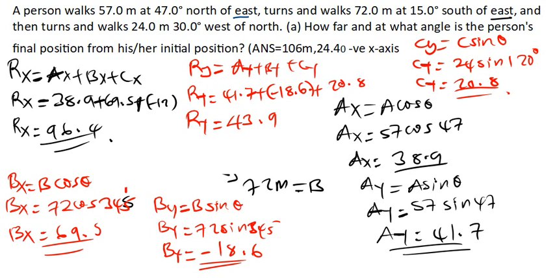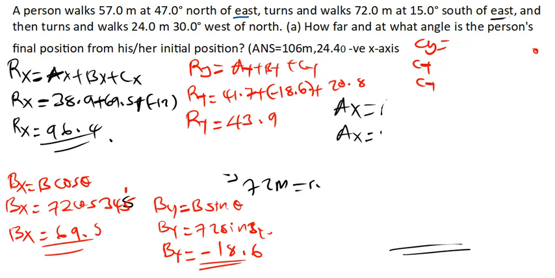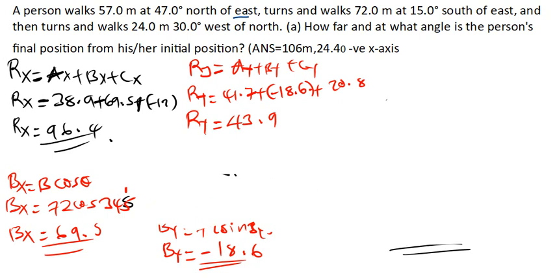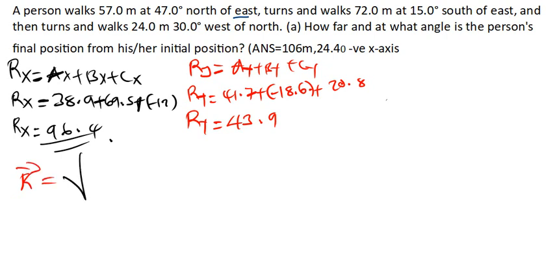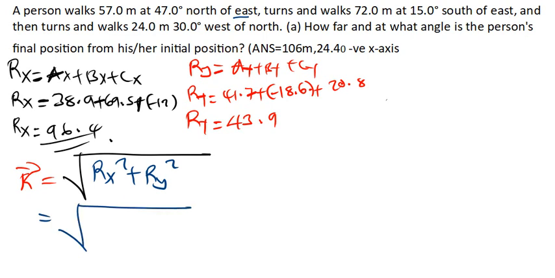Now that I have the x and y components, I use the formula to find the magnitude of the resultant. I put an r on top to show that it is a vector we're talking about. It will be the square root of Rx squared plus Ry squared. So if we plug in the values, I have 96.4 squared plus 43.9 squared.